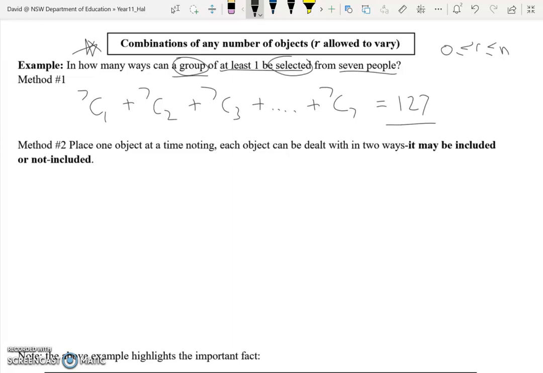It'd be nicer if we could look at the complement of this situation. So the complement of this situation would be all possible group sizes minus a group size of 0. So it'd be nice if we could look at all possible group sizes minus 0 members.